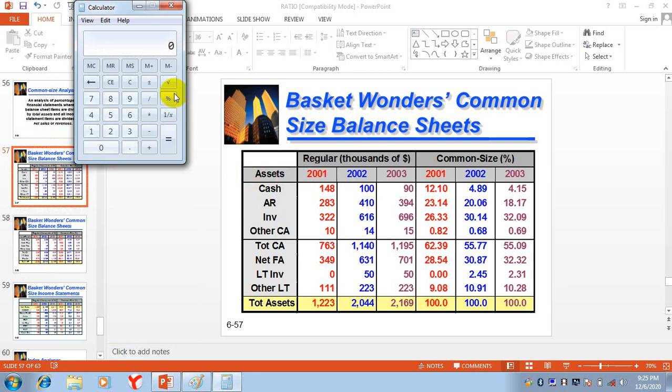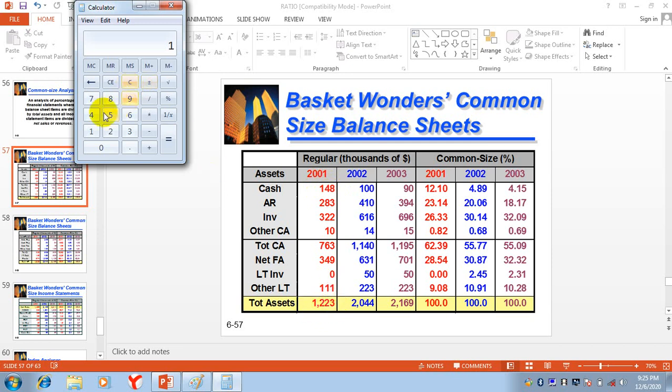Now see, this is cash 148. So I told you what we will do in common size analysis. We will convert the balance sheet into percentages. What is the procedure? Take all items, 148 divided by total assets.